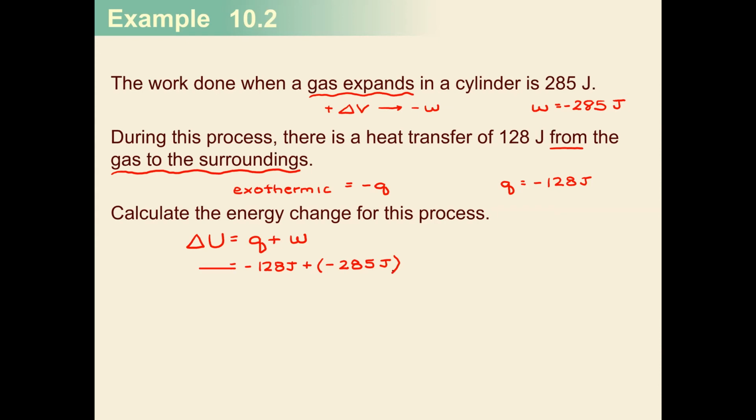The hard part is trying to determine the sign. But now that you have these values, all you need to do is put them in your calculator, and you're able to determine that negative 413 joules of internal energy were released throughout this process. So remember, the negative is going to say that that energy is being released.